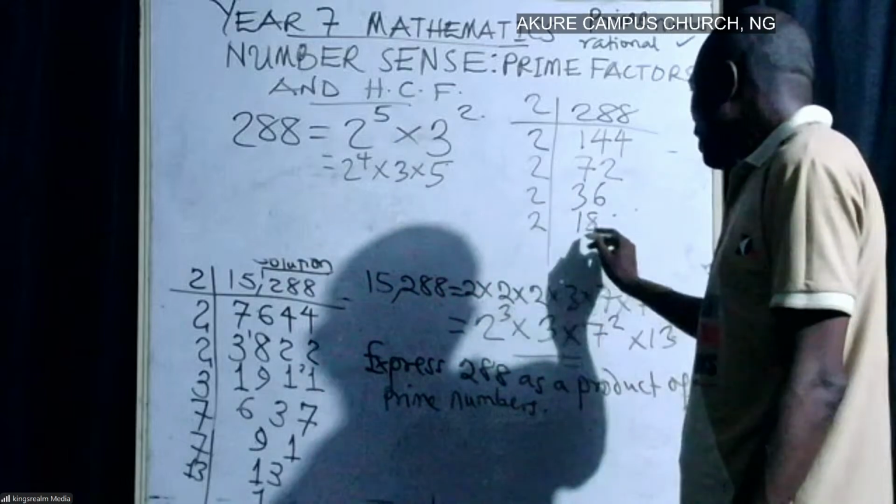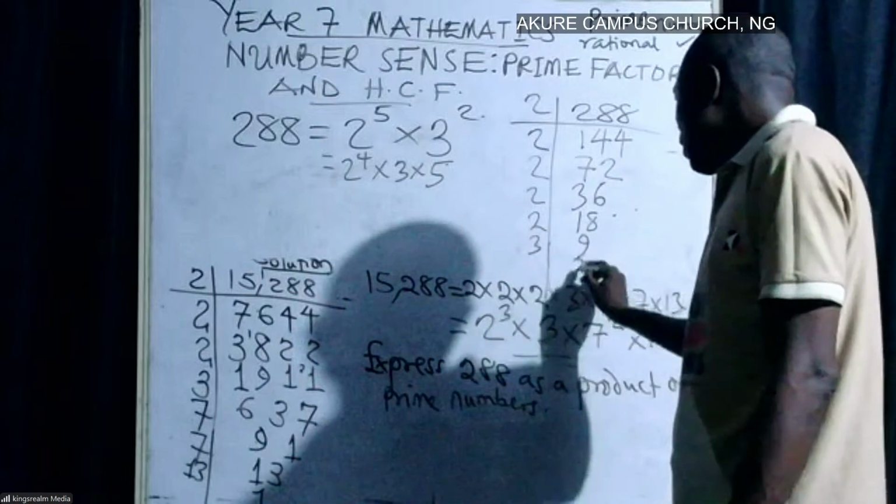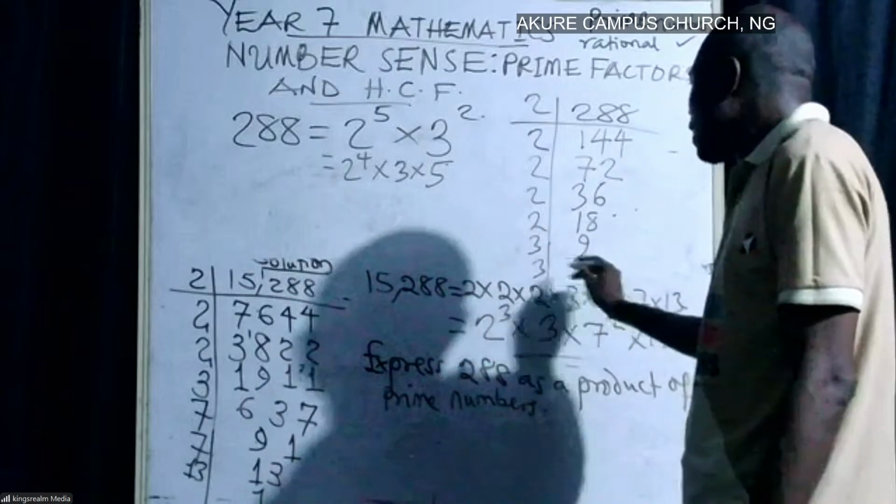And 2 can still go in 18, that will give us 9. 3 can go in 9, that will give us 3. 3 in 3, that's 1.